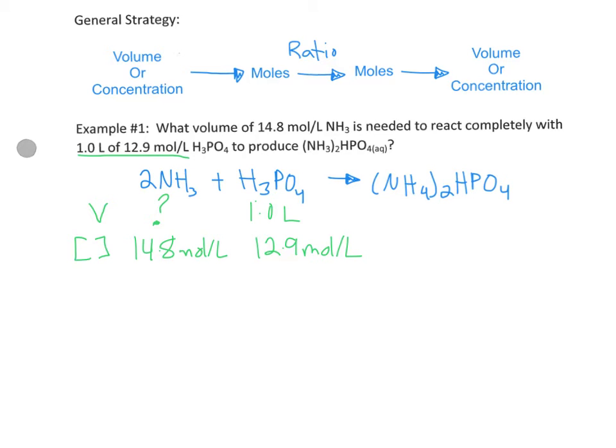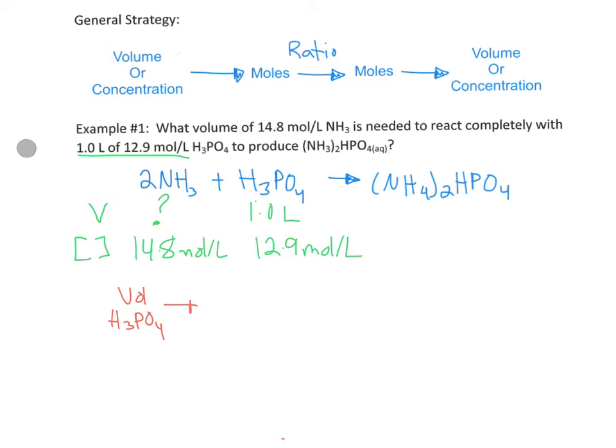So to do this problem, you want to set yourself up with your strategy line again. Basically, you have all the information for H3PO4. You have a volume of H3PO4 and you have a concentration for H3PO4. So you can very easily calculate the number of moles of H3PO4. So you're going to start with your strategy. It's going to be the volume of H3PO4.